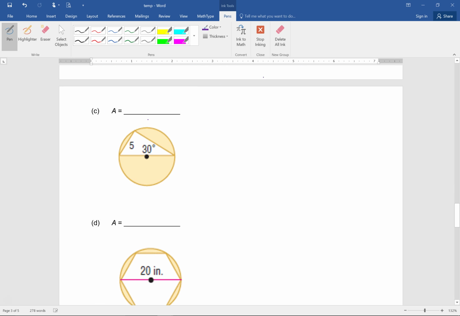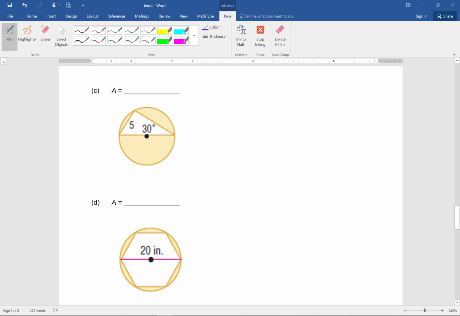All right. Okay, how are we going to do this one? Area of what minus what? Area of the circle minus the triangle. Okay? 30, 60, 90 triangle. Who doesn't love 30, 60, 90 triangles? Which side am I given? Short leg, long leg, hypotenuse? Short leg.